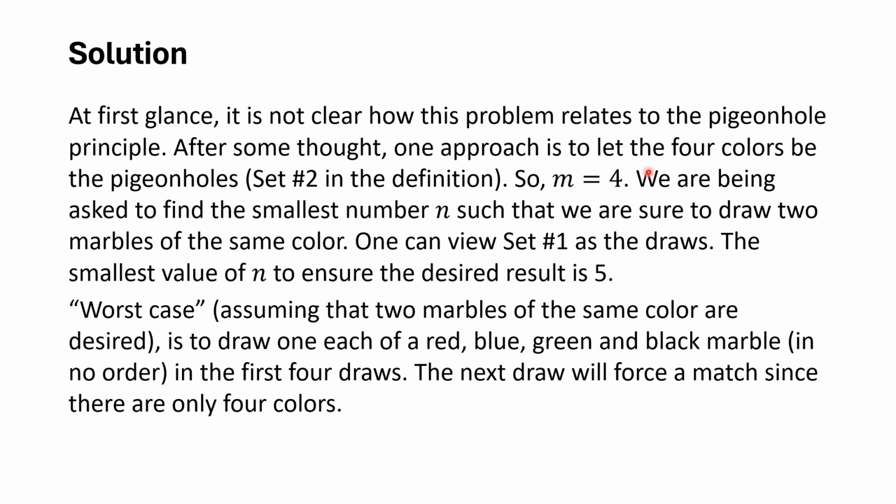We have 4 slots, so to speak, to fill. And we are being asked to find the smallest number n such that we're sure to draw 2 marbles of the same color. One can view set number 1 as the draws, and the smallest value n to ensure the desired result is 5. We need to have more than the 4 colors.